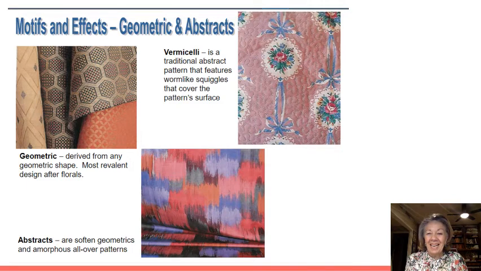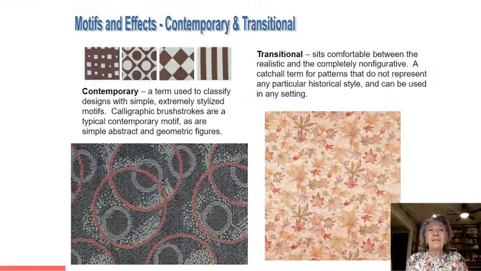We discussed Dobby prints last week, which are very, very small prints that would be considered motifs. We also have contemporary and transitional motifs. Contemporary is a term used to classify designs with simple, extremely stylized motifs, as you see on the left.